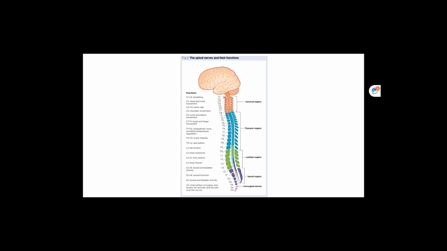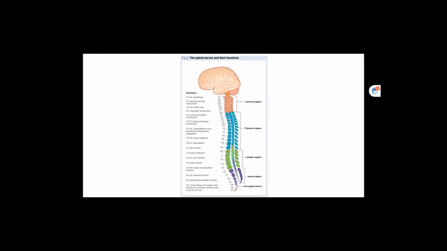There are 8 cervical spinal nerves. There are 12 thoracic spinal nerves. There are 5 lumbar and 5 sacral. And there's actually a coccygeal nerve.